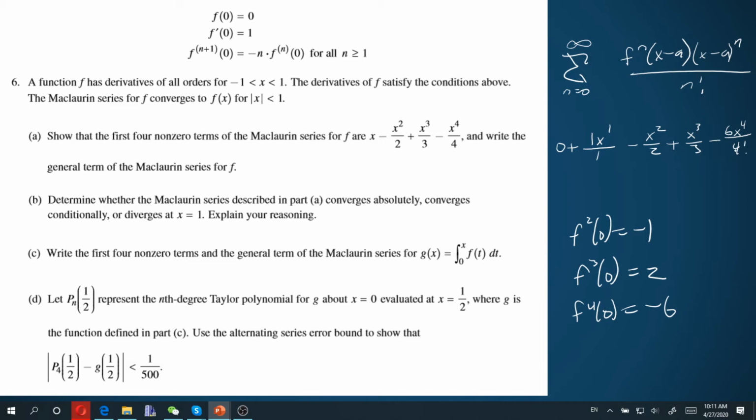That's 24. Yeah. Okay. So 1/4. I'm going to write our intermediary step here. So that might be worth a point. So this was 2, 3 factorial, 2 factorial. Okay, so that leaves us with x minus x squared over 2 plus x cubed over 3 minus x to the 4th over 4.